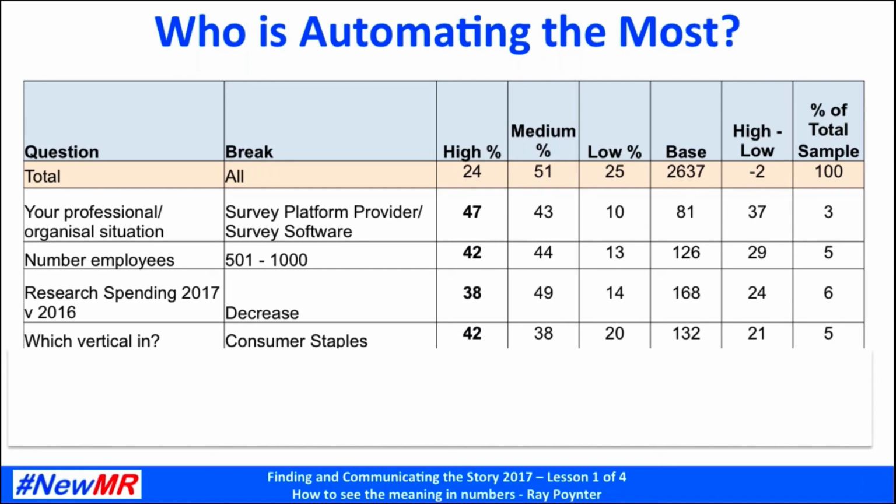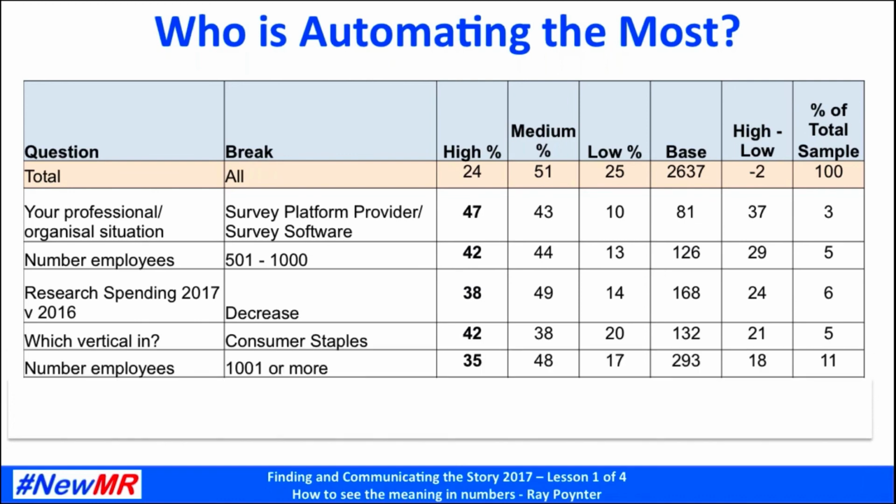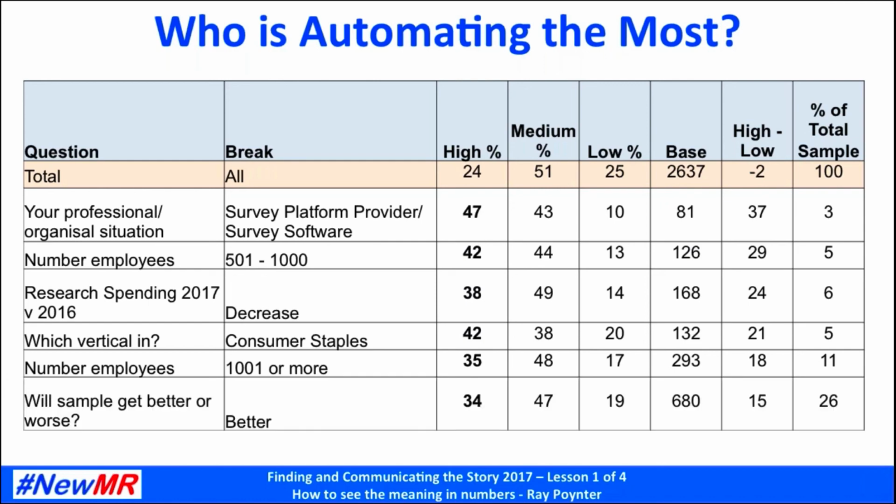I don't know the identity of the individuals, but these are likely to be Procter & Gamble's, Unilever's, Campbell's, Heinz, Mondelez, these sorts of companies. And we know from other work that companies like Unilever are leading the charge into this area. So that ties together and makes connections for us.